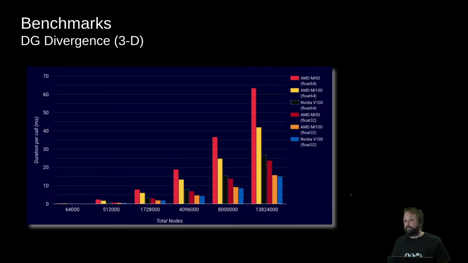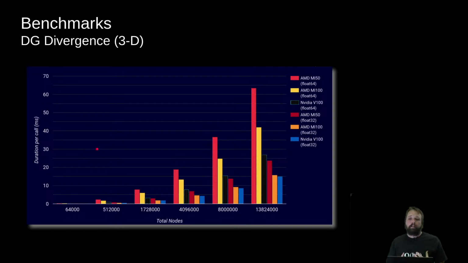In other words, we're increasing the resolution. So going left to right, we're purposefully putting in more work and seeing how well this code scales on a single GPU. And then on the y-axis here, we're looking at the duration of each call to the two routines in milliseconds. So the combination of doing the contravariant projection and that computational divergence.